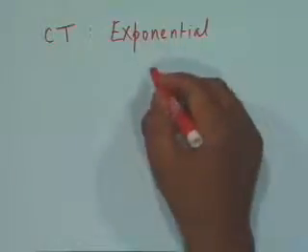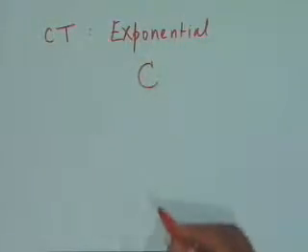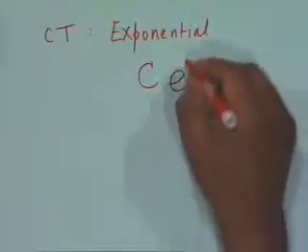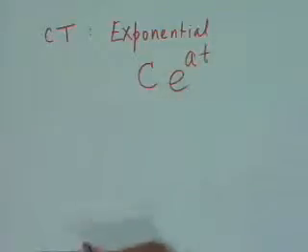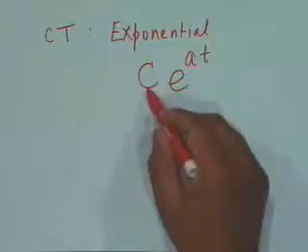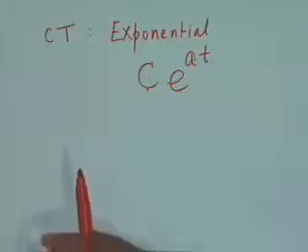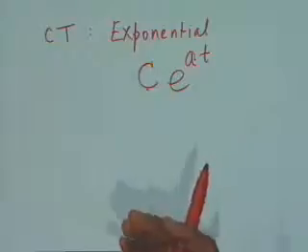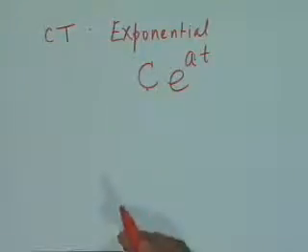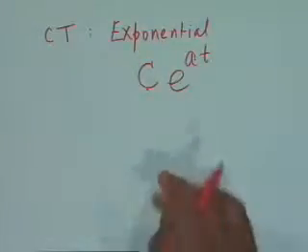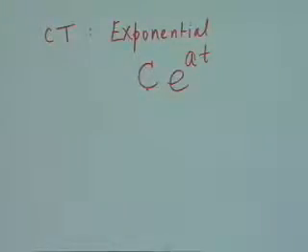A continuous time exponential signal is simply of the form some constant capital C, then exponential e to the power some constant a multiplied by t, where c and a can be real, can be positive, can be negative. They can also be complex. One of them, c can be real, a can be complex. Both can be complex, and it would be instructive to consider all these cases one by one.